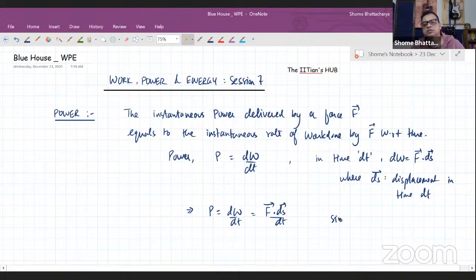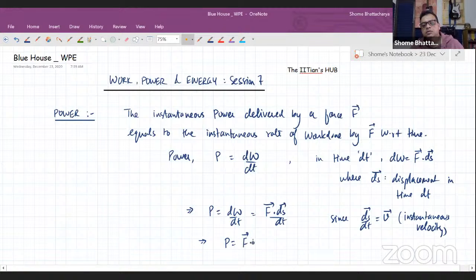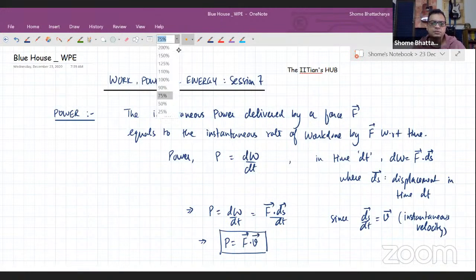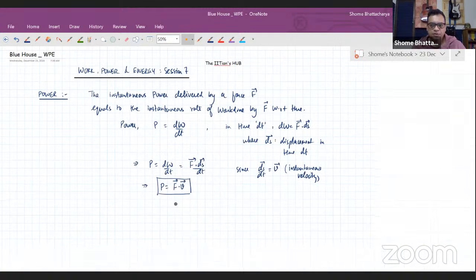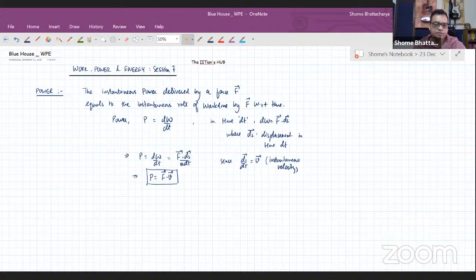And since ds by dt is the instantaneous velocity, we have this final formula. So the instantaneous power becomes the scalar product of the force with the instantaneous velocity. Just make a note of this definition first.